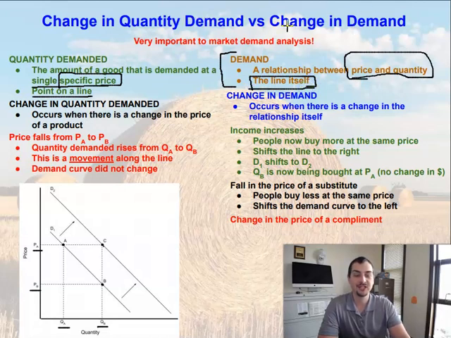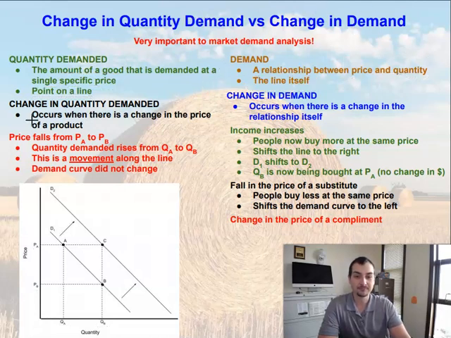So, a change in quantity demanded. Changes in quantity demanded occur when there is a change in the price of a product. If there is a change in the own price, the price of the good in question, that is a change in quantity demanded.